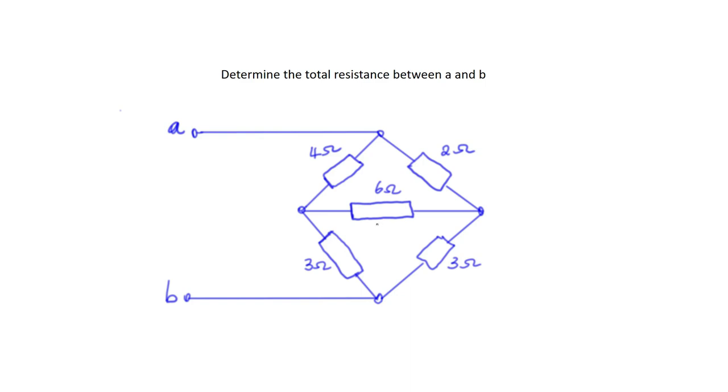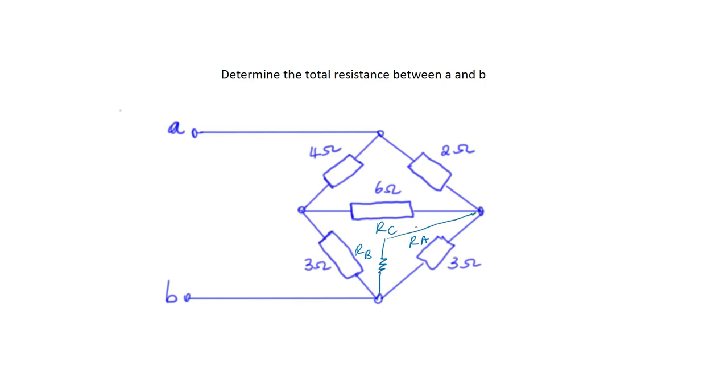We can just start by labeling these resistors for easy application of the formulas we derived last time. So we can call this RC, we can call this RA, and we can call this one RB. And so we see from here, this triangle, we can form a star that would look like this.